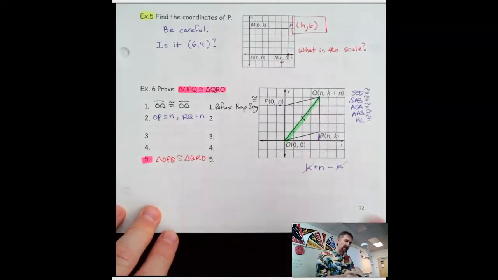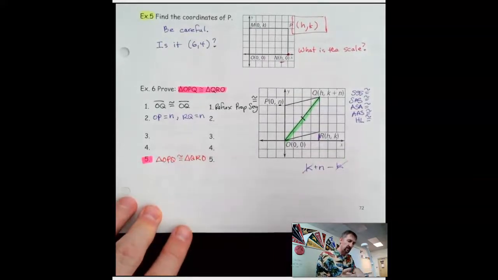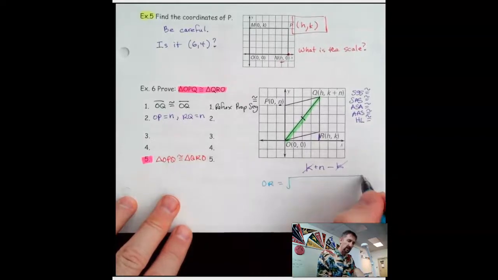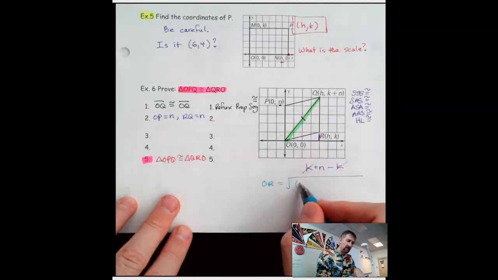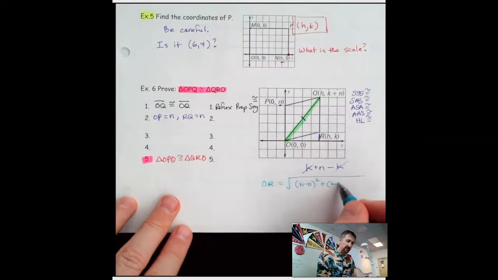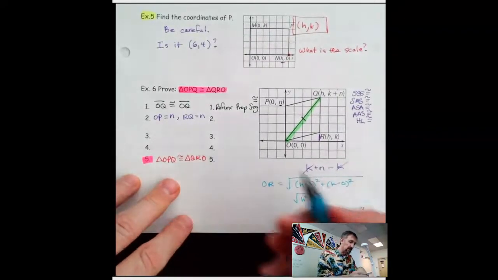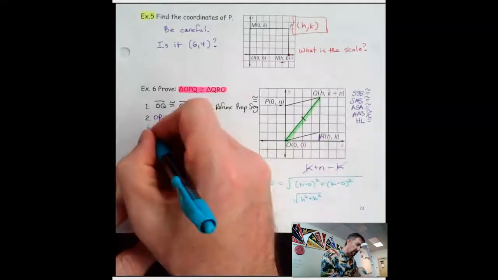Now, it's a little bit trickier, I suppose, but let's do this one first. So OR. So the distance from O to R is going to be h minus 0 squared plus k minus 0 squared. So that's going to be the square root of h squared plus k squared. Okay? So that was OR.